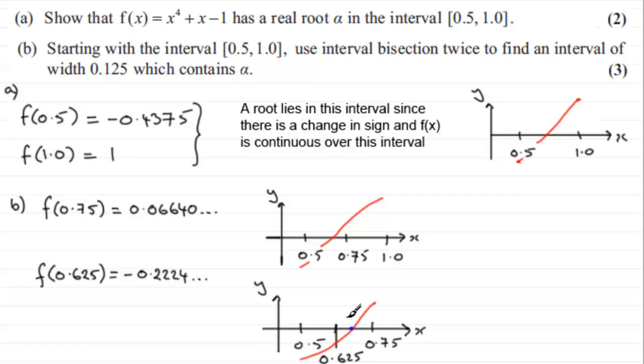Let's just say that's our root alpha. Let's put it in there, and that is our estimate. And you can see that it is in an interval of width 0.125. The difference between 0.75 and 0.625 is a width of 0.125. Okay, so I hope that's given you an idea on how we can apply the bisection method twice over.